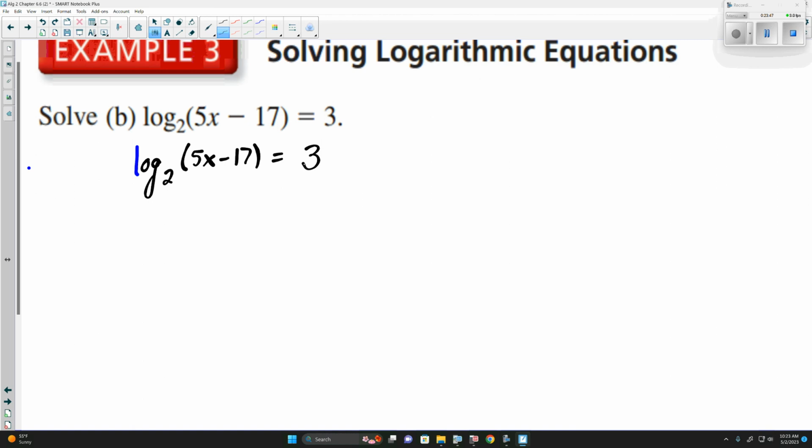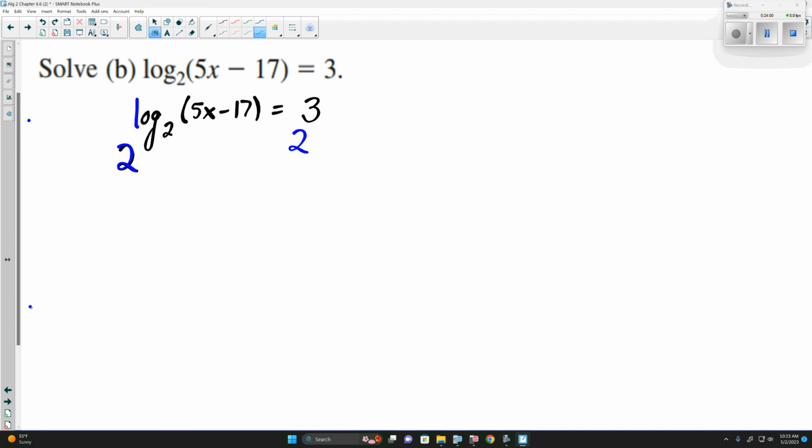Because once we get it set up in this fashion, what we can do is apply whatever the base is to both sides. The reason we do this is our property from the other day: b to the log base b of x is equal to x. It's equal to what's inside.